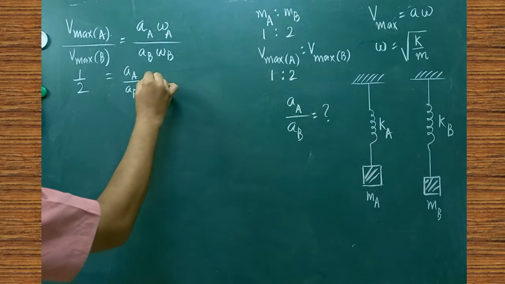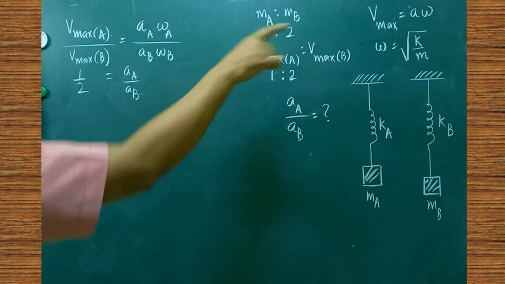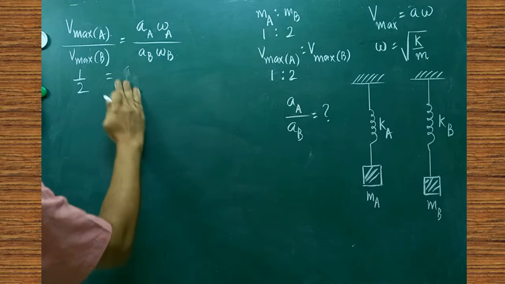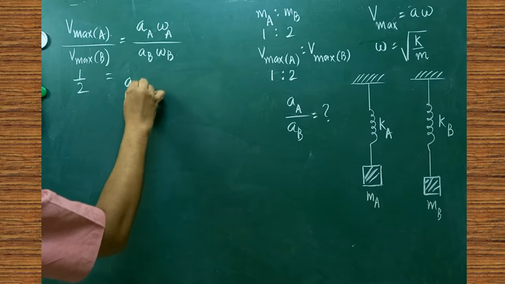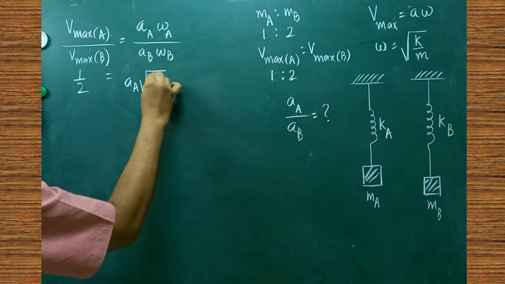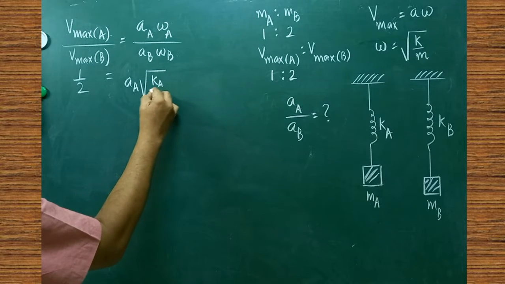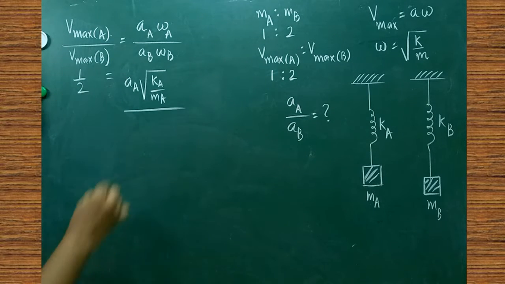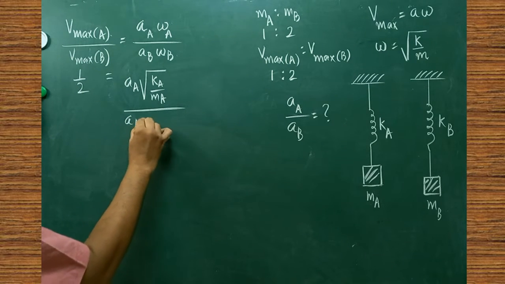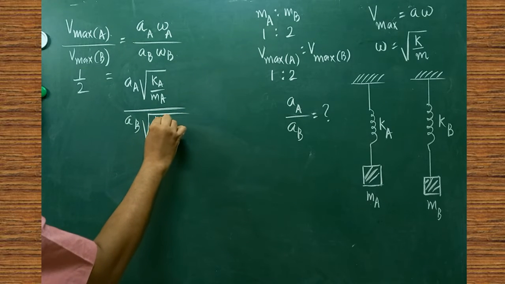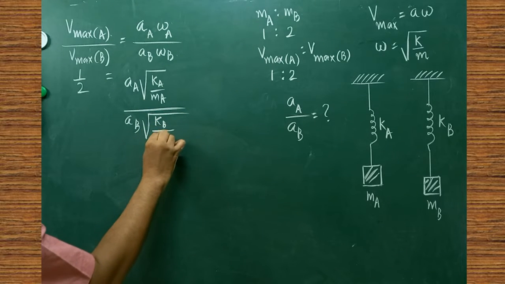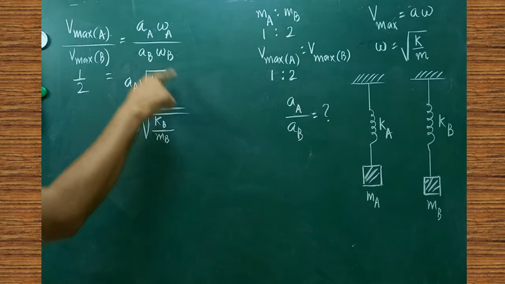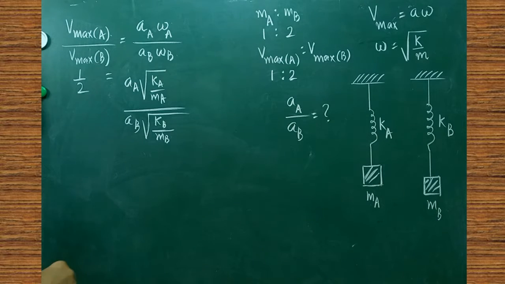Omega can be written in terms of square root of K by M, using this formula. So I will rewrite this: AA square root of Ka by Ma, whole divided by the denominator factor AB square root of Kb divided by Mb. Now the entire factor can be written within a single square root.